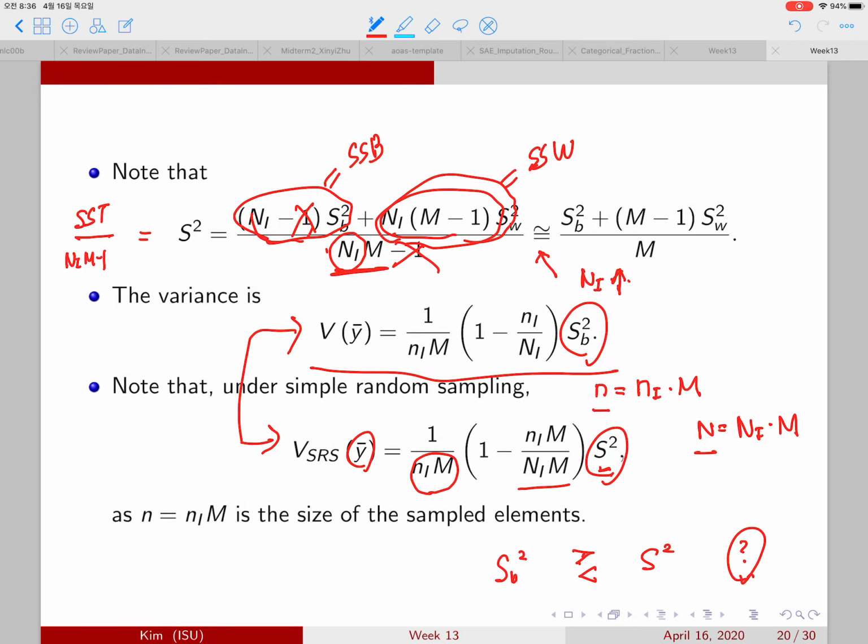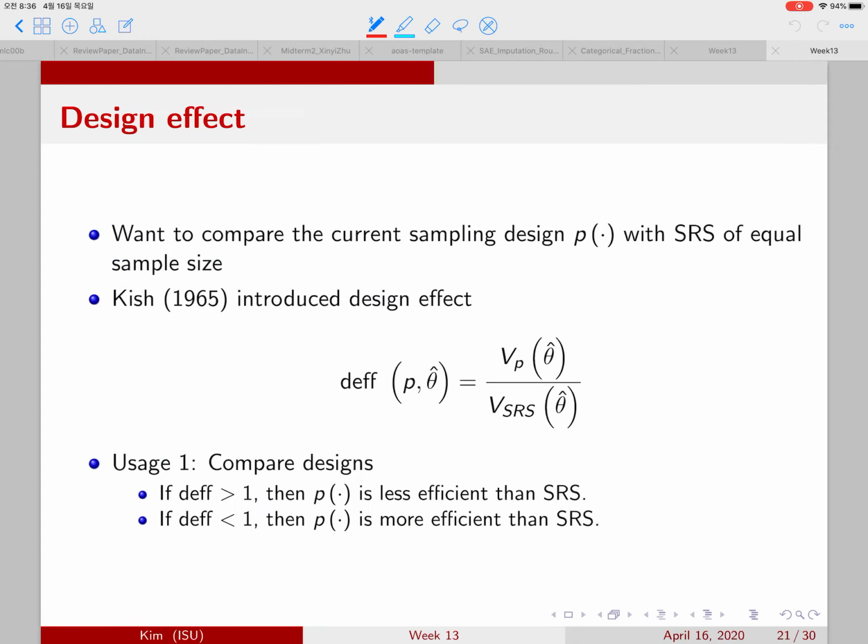The problem of comparing two sampling designs under the same sample size is an important practical problem, and the benchmark design for comparison is simple random sampling. Leslie Kish introduced the concept of design effect for efficiency comparison with simple random sampling.